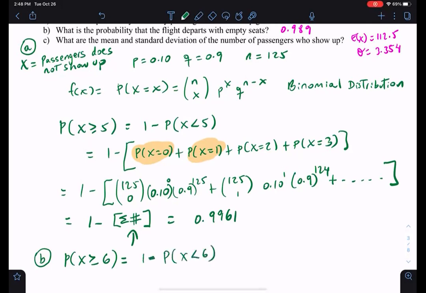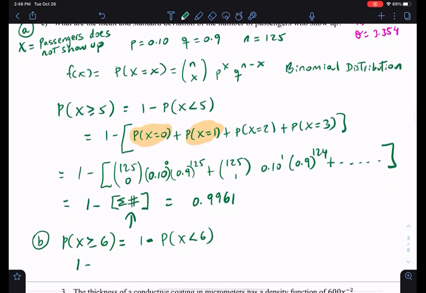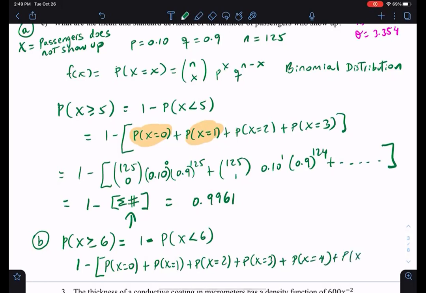So again, I have to do this long work, right? This is 1 minus the probability of x less than 6. So that means x equals 0 plus x equals 1 plus x equals 2 plus x equals 3 plus x equals 4. And you stop at 5, because 6 is not included. You might think it's a lot of work, but it's not, because you already have the probabilities until 4.